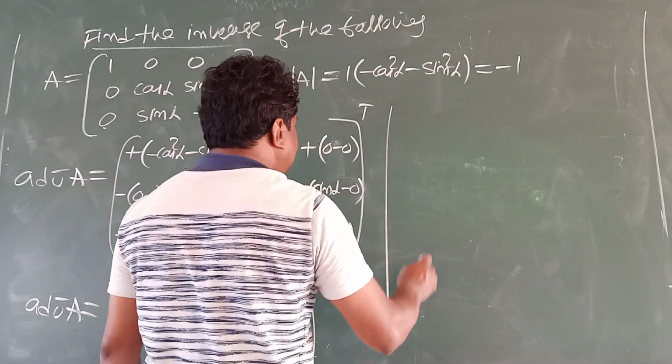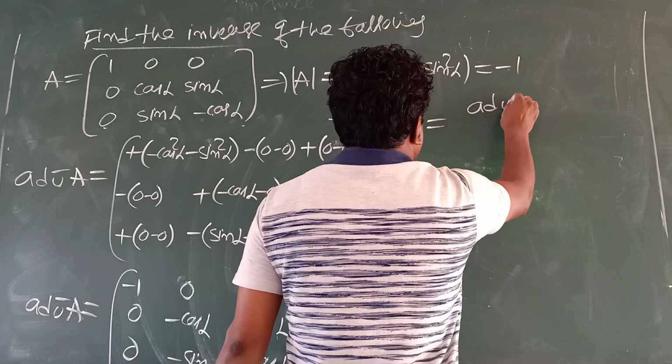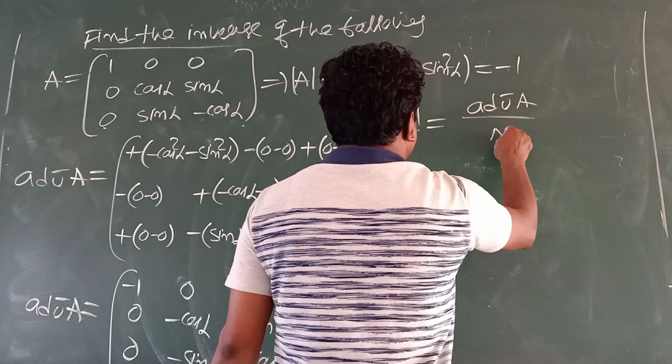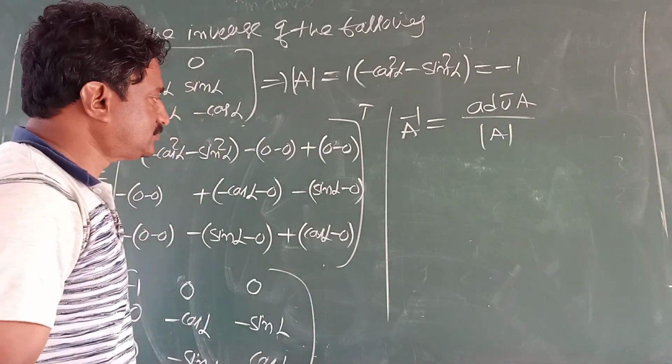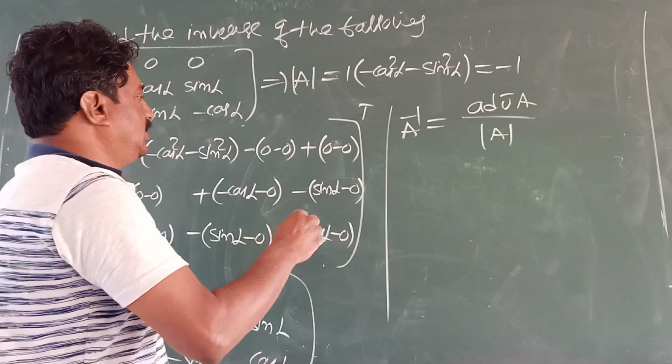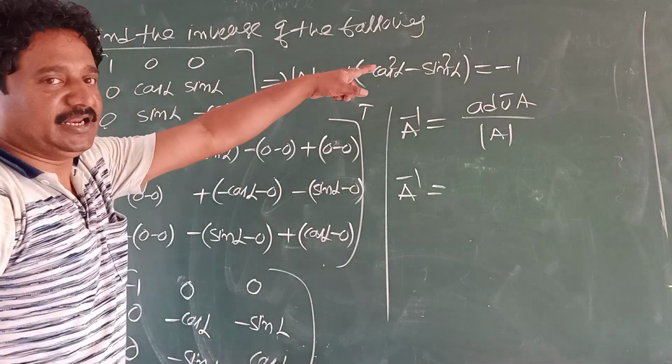A inverse is adjoint A by det A. Okay. A inverse is adjoint A by det A. So A inverse. How much is det A? -1.